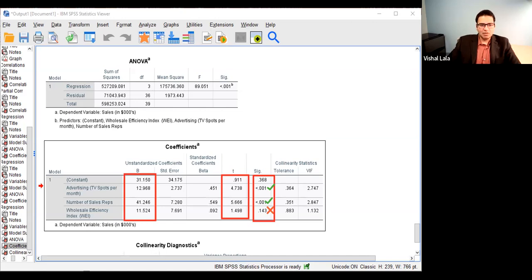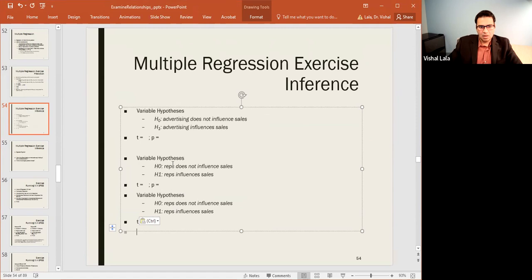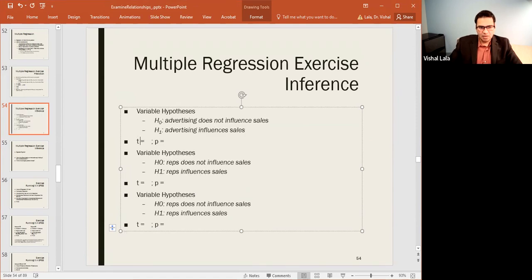We have everything in here now. We're not skipping anything out.